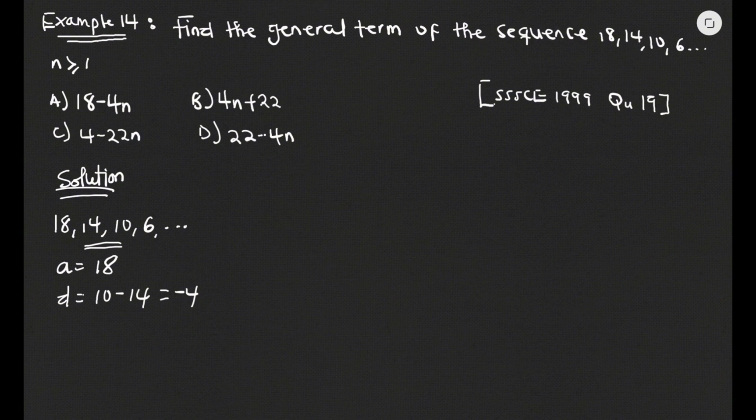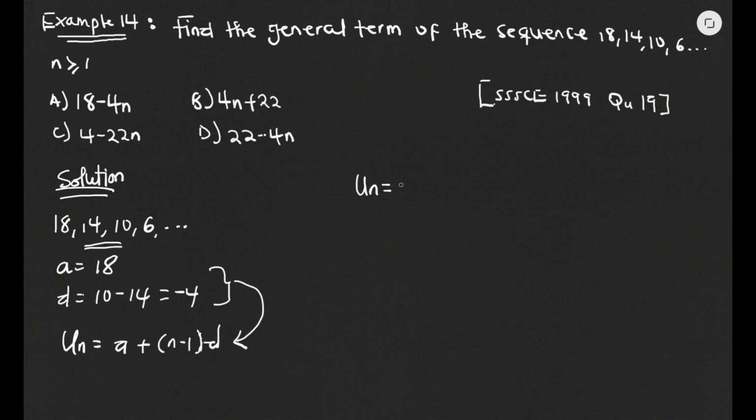And if I'm to find the general term, the formula for finding the general term is un is equal to a, which is the first term, plus n minus 1 multiplied by d. So if I substitute these into this equation, I should get my answer.